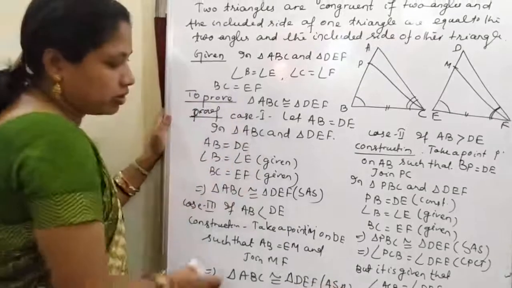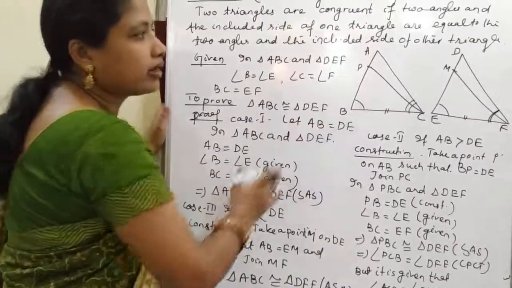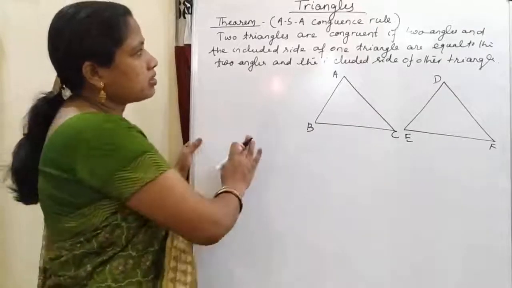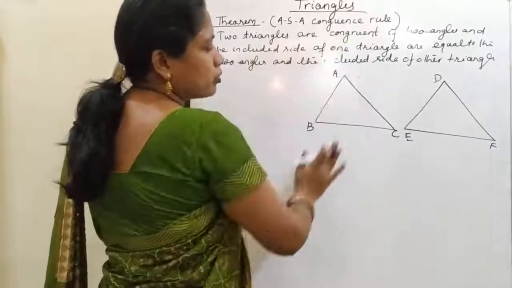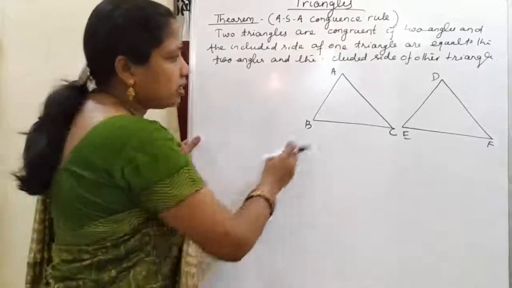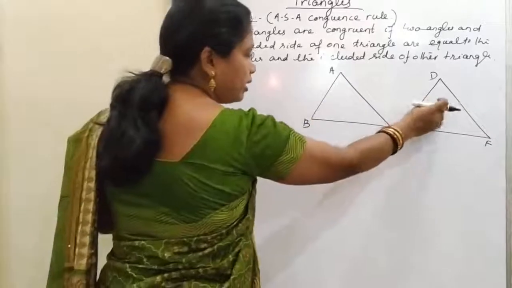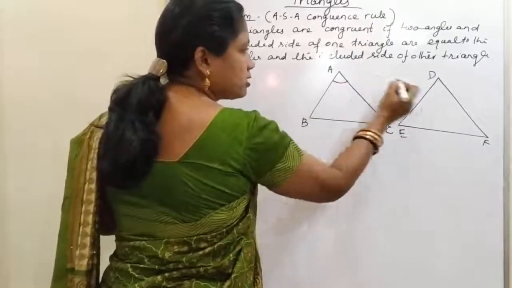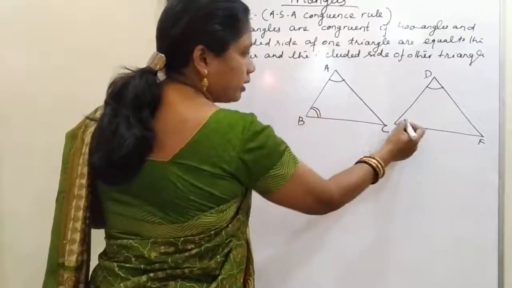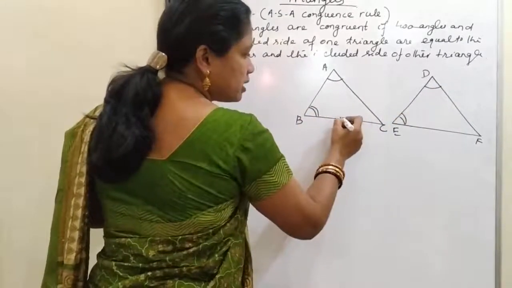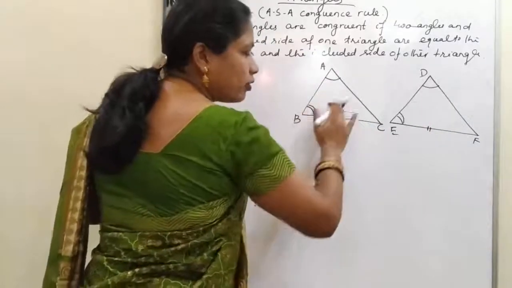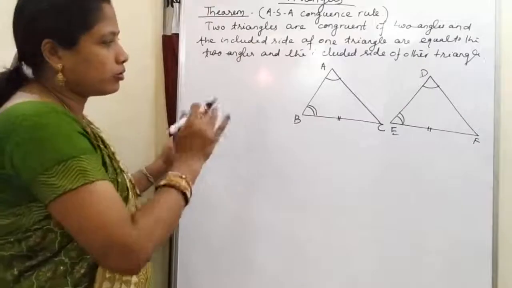ASA condition. So here we have proved by taking 3 cases. So we have already discussed the angle side angle congruence rule for 2 triangles. Let us consider the case if in triangles ABC and DEF, angle A is equal to angle D, angle B is equal to angle E, and BC is equal to EF. Then whether they will be congruent or not, we have to prove.